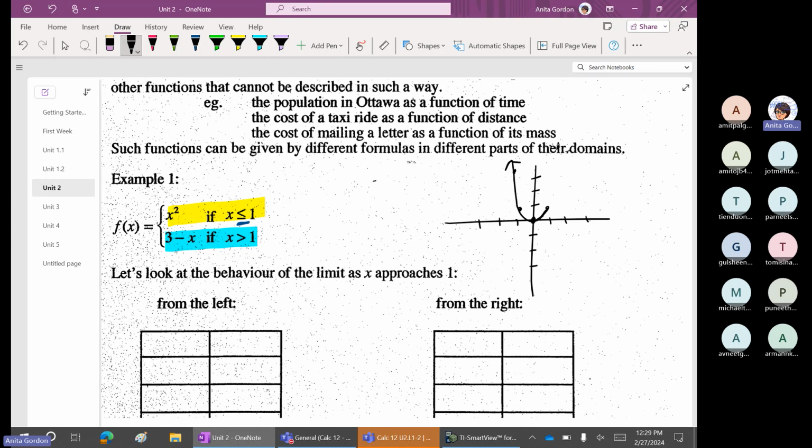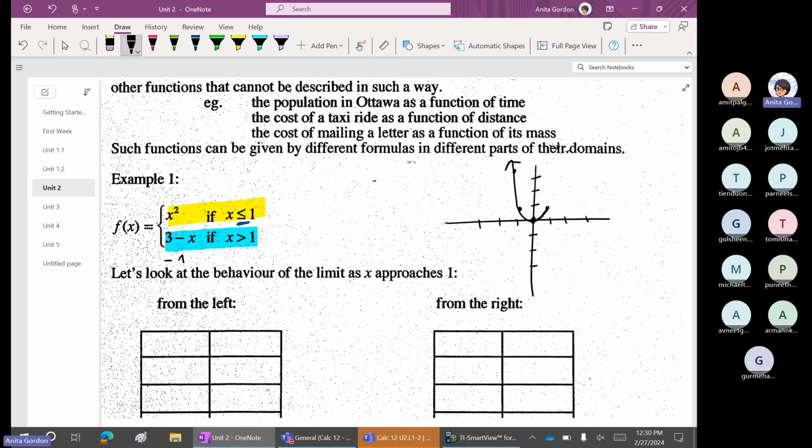Can you rewrite this in mx plus b form? Negative x plus 3, just for your brains to see what's the m and what's the intercept. The intercept here is at positive 3, and then we're going down 1, right 1. So in theory, it's going to start up here and go down 1.